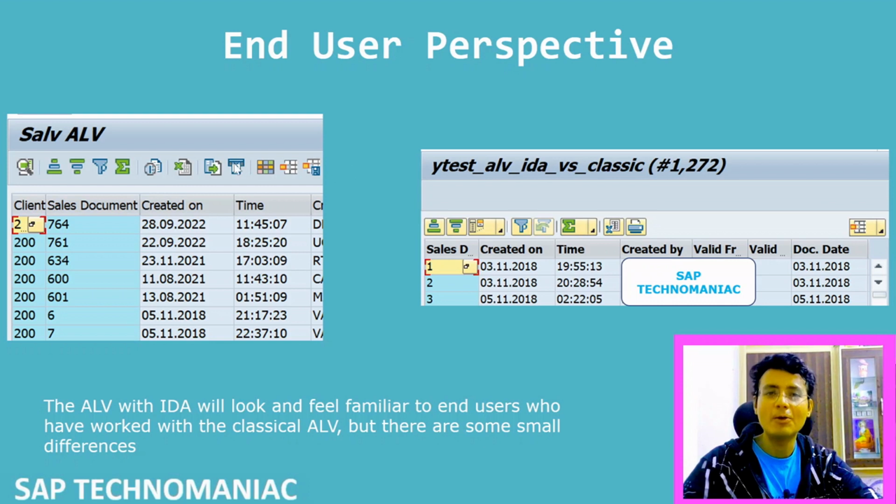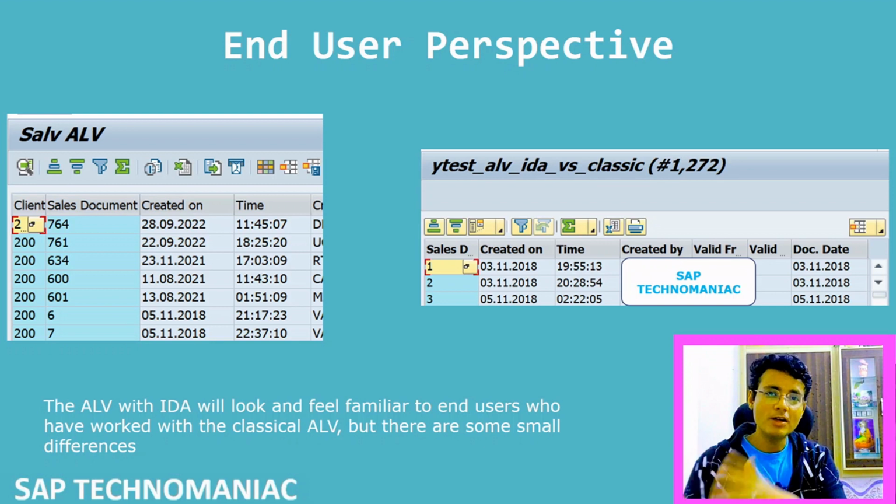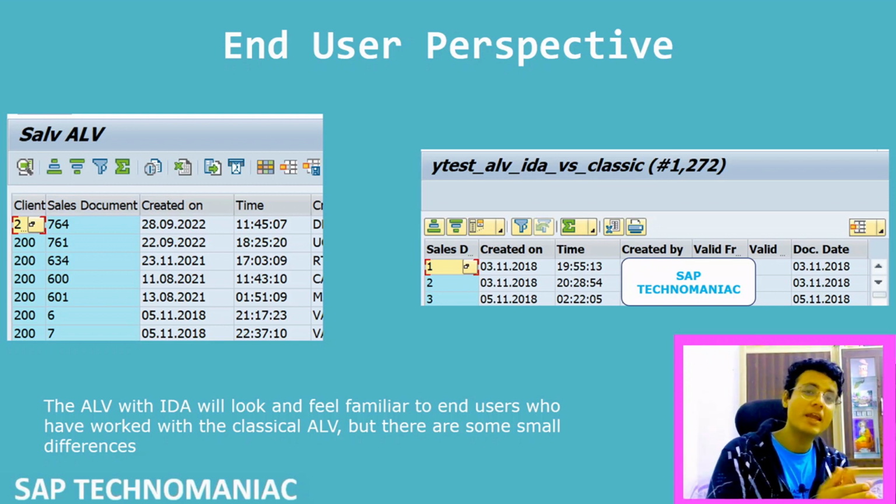Earlier we had to write code for the layout and had separate buttons to save and change it. Now a single button lets us do filtering, sorting or layout changes. The look and display change a little, but otherwise there is not much difference for the user. Whatever he can do in SALV or classical ALV, he can do in ALV IDA as well.